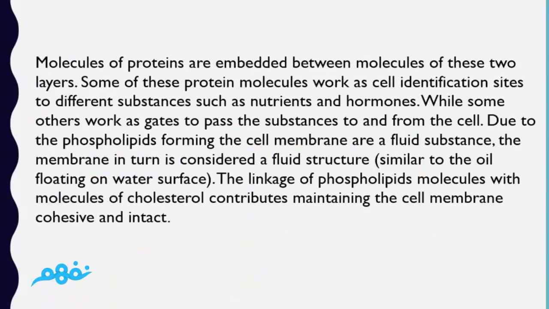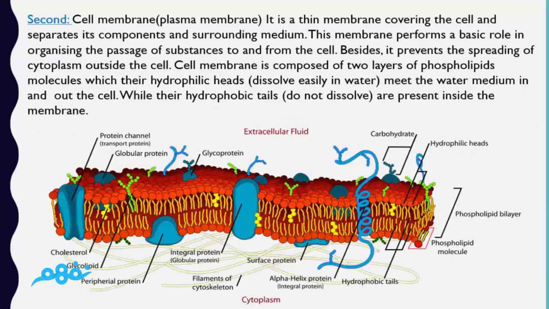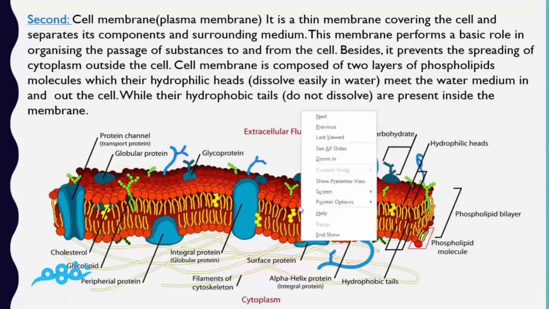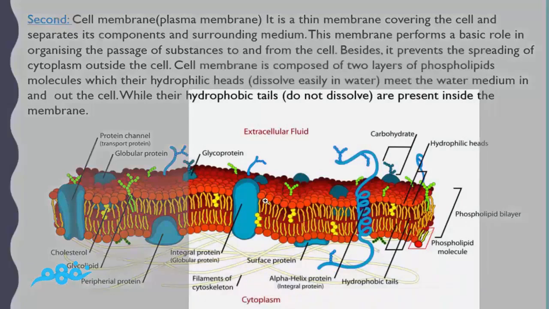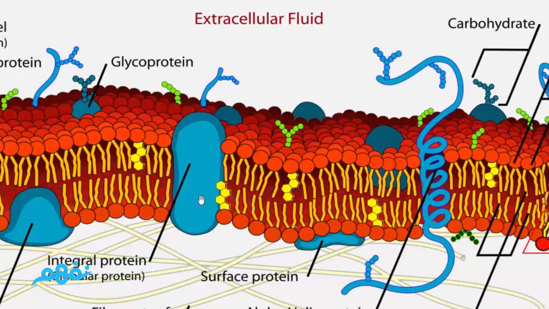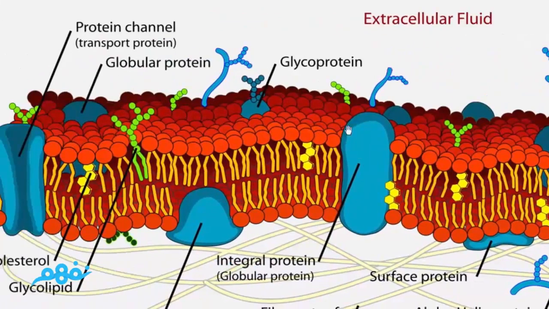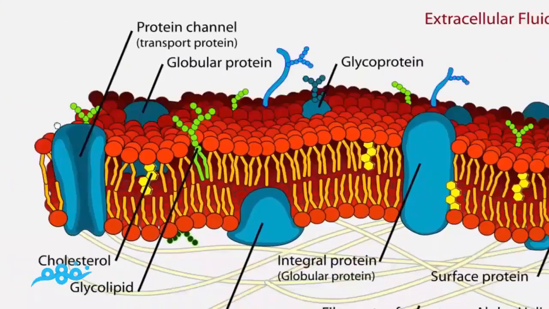Molecules of proteins are embedded between molecules of these two layers. Some of these protein molecules work as cell identification sites to different substances, such as nutrients and hormones. Those proteins like this, which we have seen, proteins embedded in the membrane, this and this.